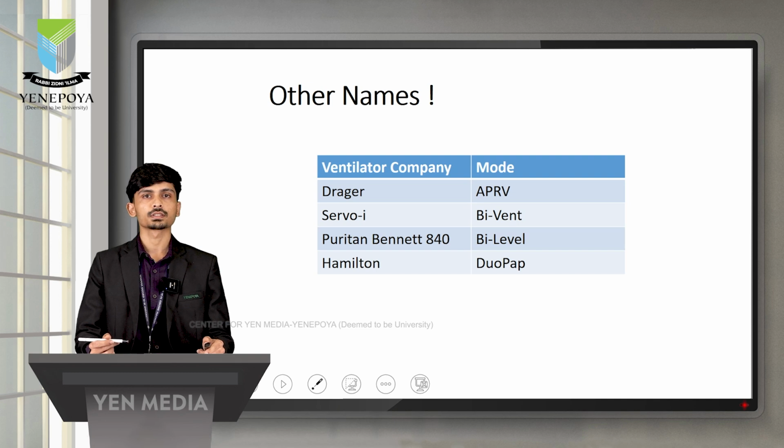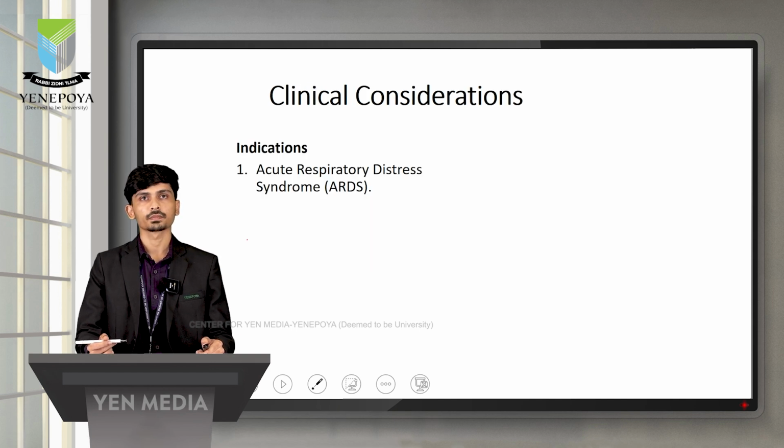It shares some of the settings with APRV, hence in Puritan Bennett it's called BiLevel, although we can use it as APRV mode of ventilation. In Hamilton, it's called DuoPAP. If you notice, all these other names have terminologies like bi or duo, which denote nothing but that there are two levels of pressures.